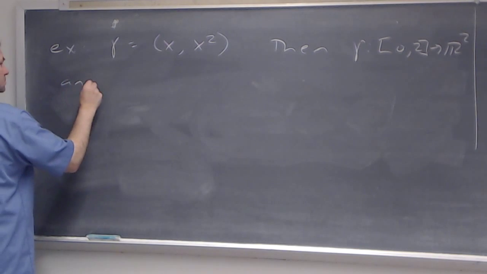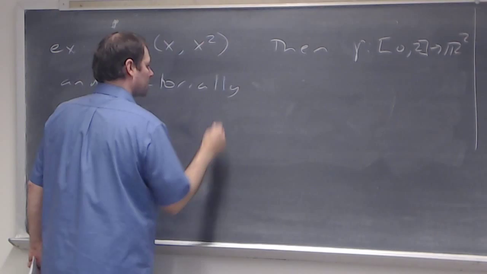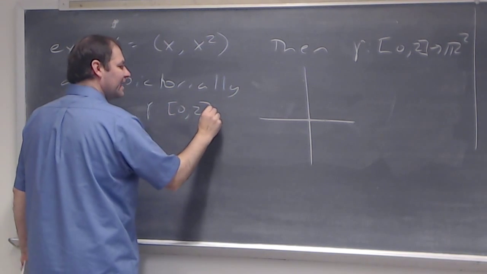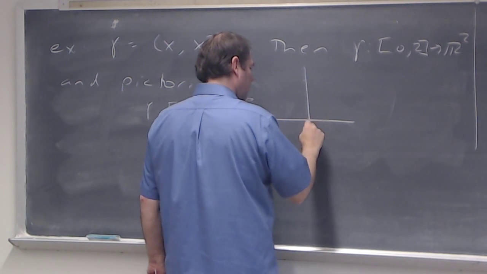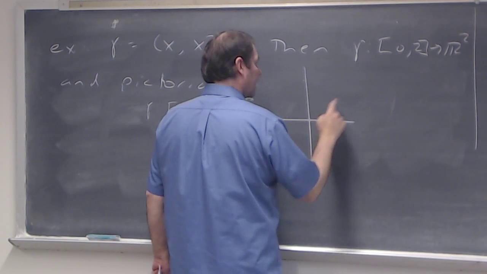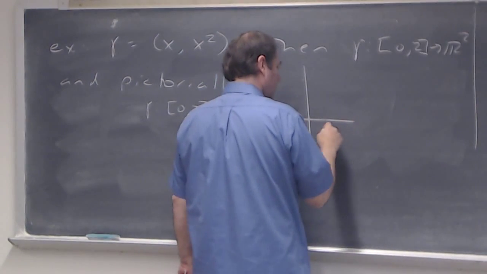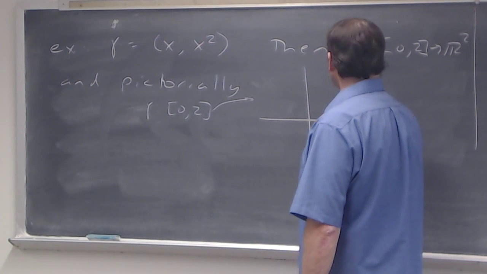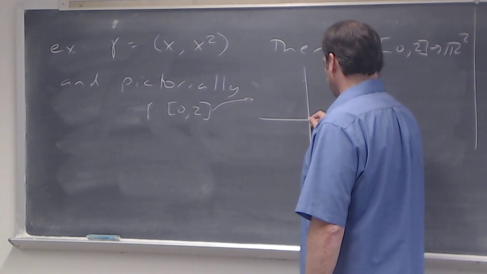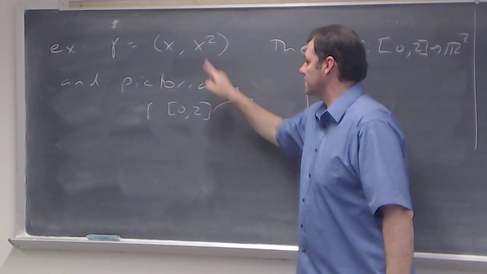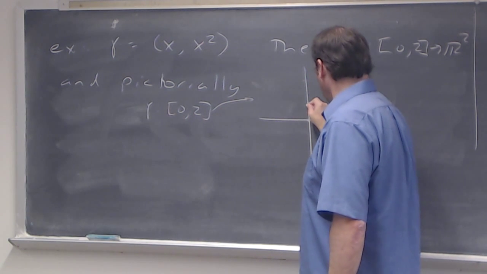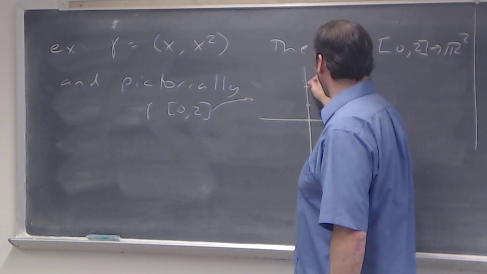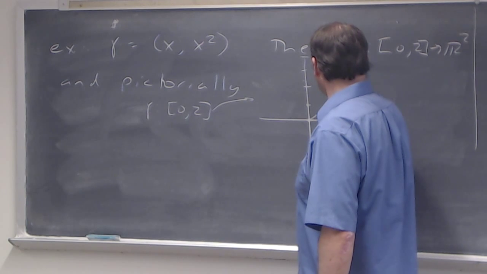And pictorially, here's what we get. So gamma is taking 0 to 2 into this type of picture. The first coordinate in R2, the x value, is just equal to x in 0 to 2. The y value in R2 looks like x squared. So we get the same points as if we were graphing y equal to x squared in the xy plane. When x is 0, we get 0, 0. When the input is 1, we get out 1, 1, and when the input value is 2, we get out 2, 4. And it looks like our usual curve.